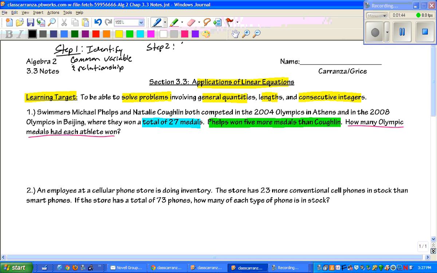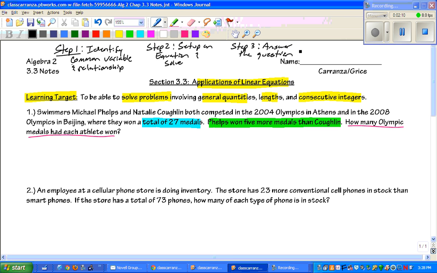Step 2 is to set up an equation and solve. And then step 3 is to answer the question.